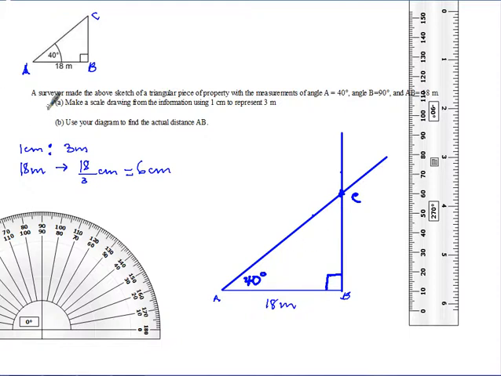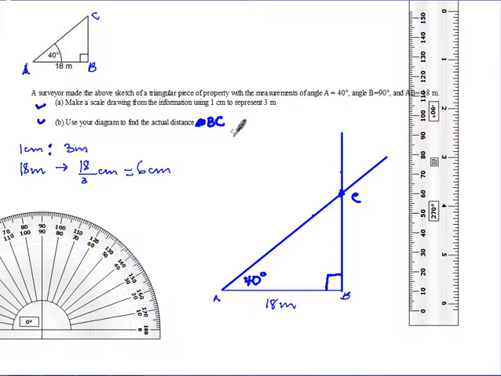So that's part A. Part B now, use your diagram to find the actual distance. By the way, if you're reading from your book, it says find the actual distance BC.